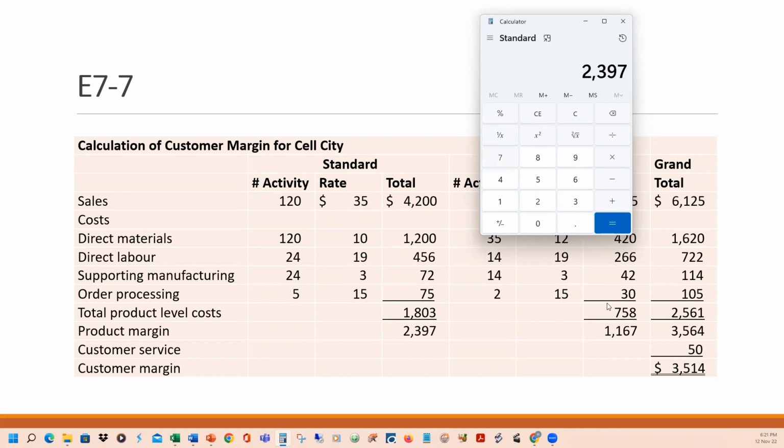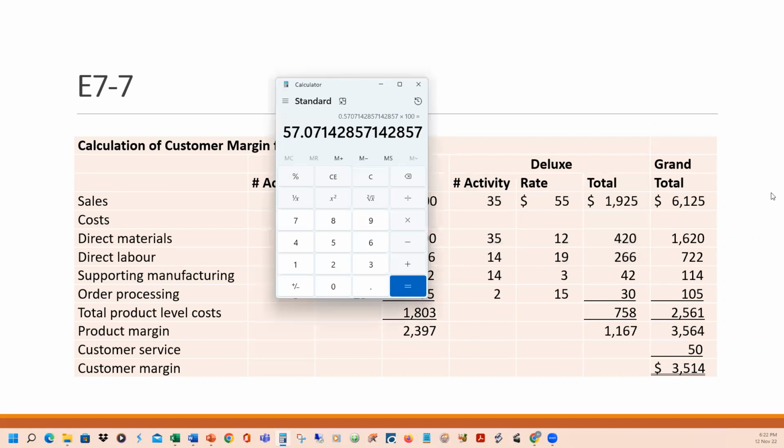So 2,397 divided by 4,200 times 100, that's 57.07%. If we compare that to the deluxe model, it's profit of 1,167 divided by sales of 1,925 times 100. The profitability for the deluxe model is 60.62%.